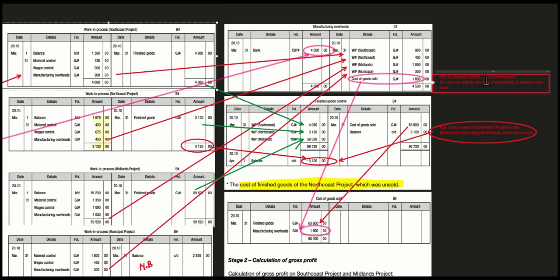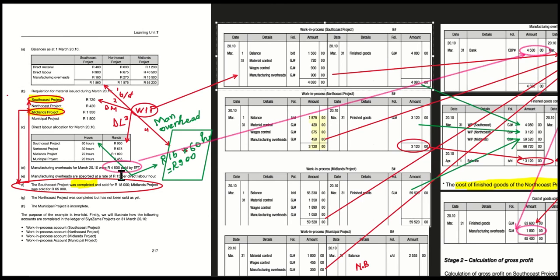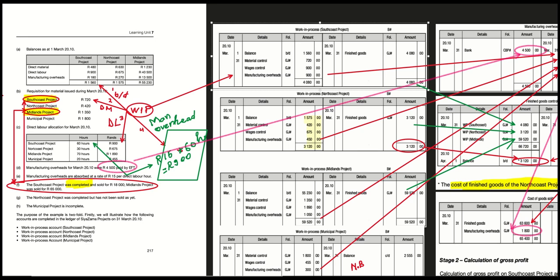I think that's a very good point for you to keep. So that's why we do a balance between the manufacturing overhead that we have in our account for the month. We have an amount of 4,500 that was paid by EFT for the manufacturing overhead.